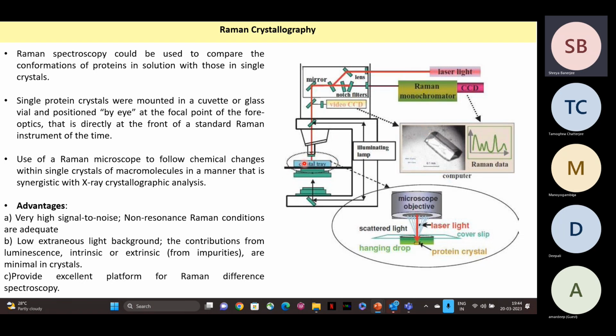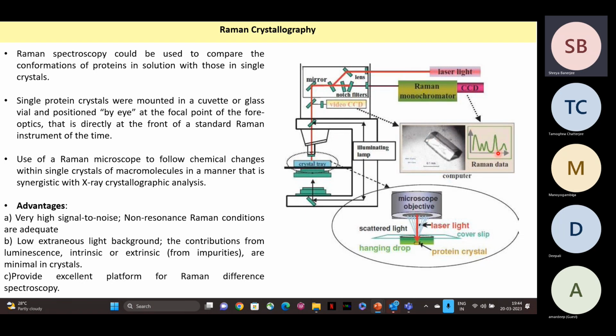When the enzyme and inhibitor are co-crystallizing, we want to look deeply into the crystal to find out what is happening. That can be done by allowing the protein and inhibitor to crystallize on this hanging drop and then focusing the Raman spectroscopy on the crystal.